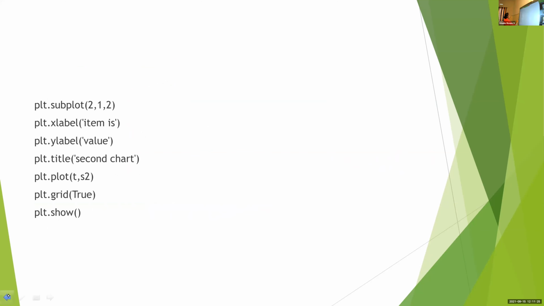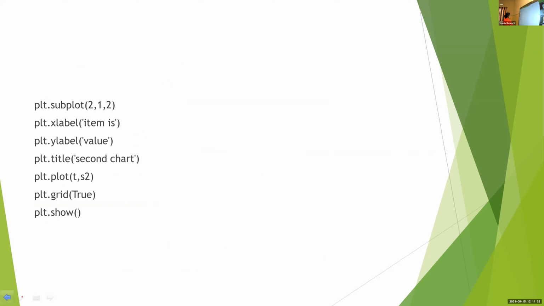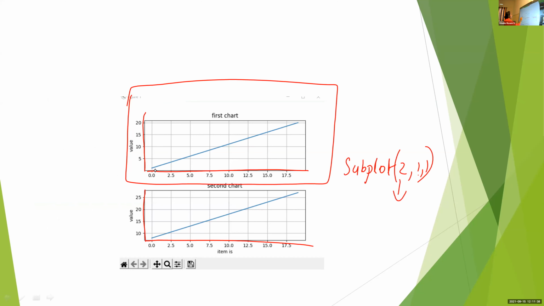Then what is the use of this grid function? Grid is used for showing this grid.